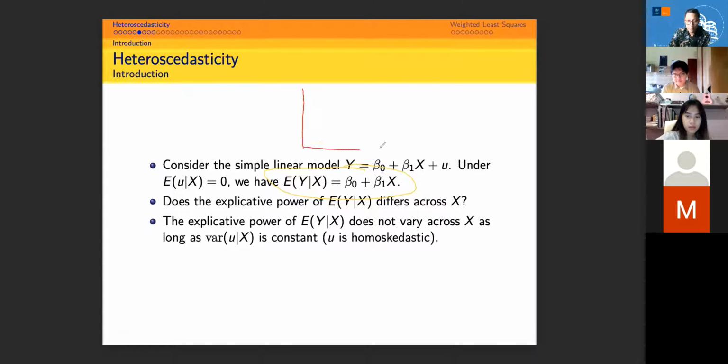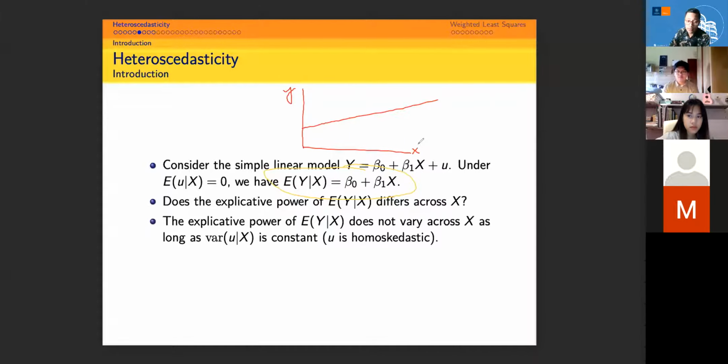Suppose this is the x-axis and this is the y-axis, then the expected value of y, which is the regression line, is going to be a function of x. Now the question is, does the explanatory power of the estimated regression line differ across x? I'm going to provide you with two scenarios.